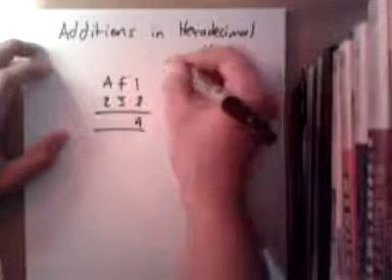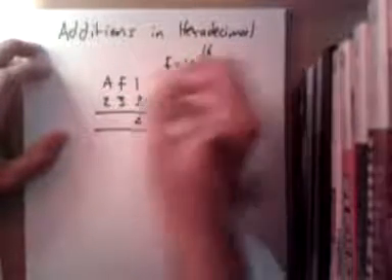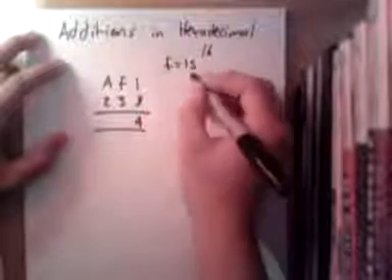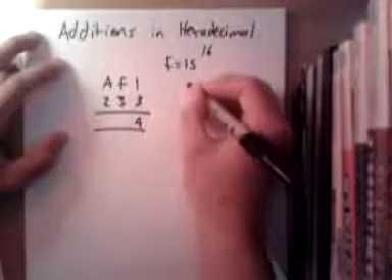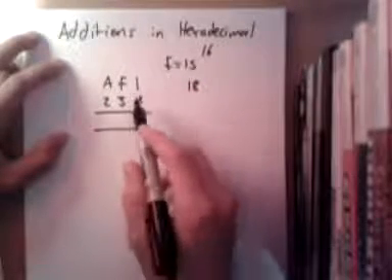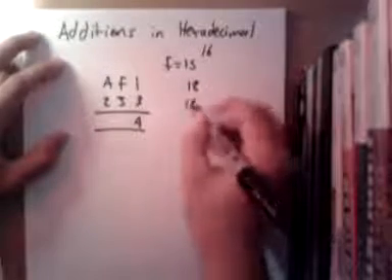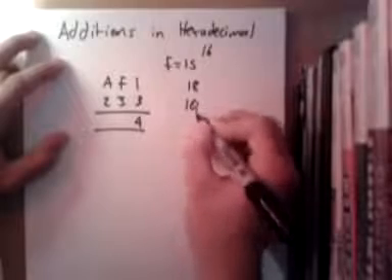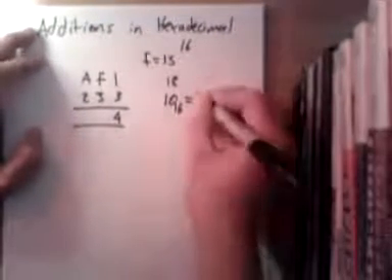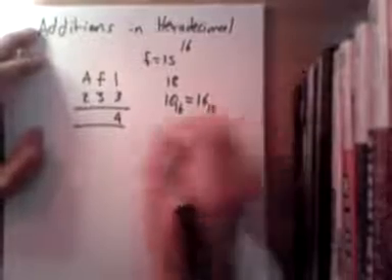F, remember, is equal to 15. So F plus 3 is 18. So 10 in hexadecimal will equal 16 in decimal.